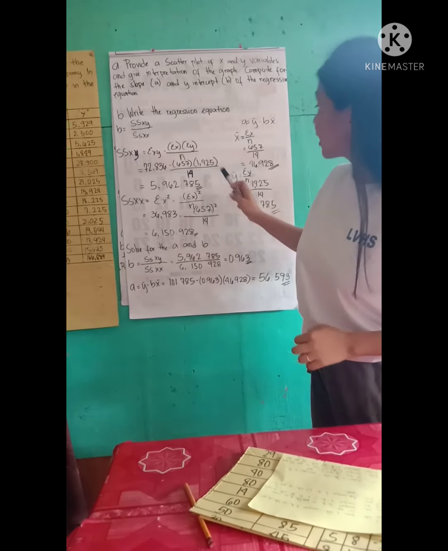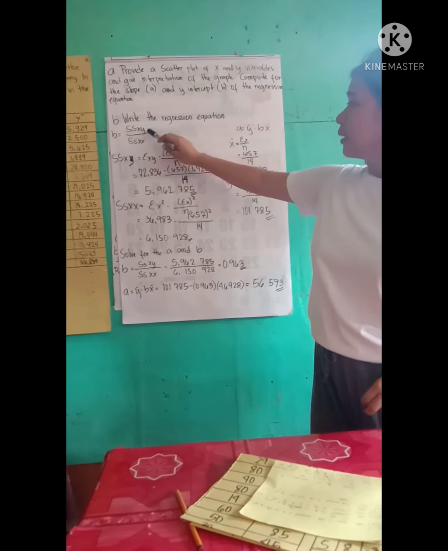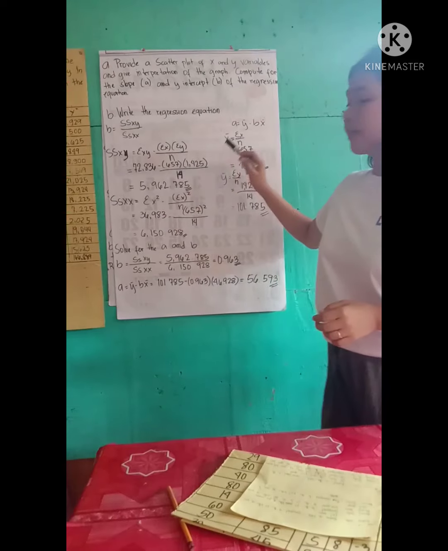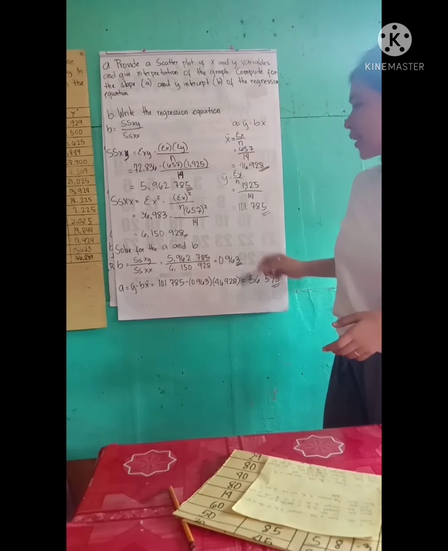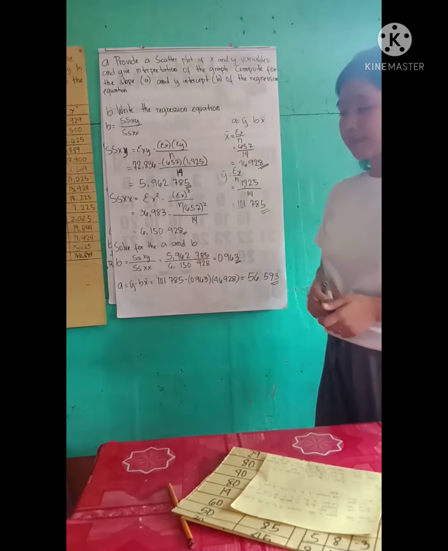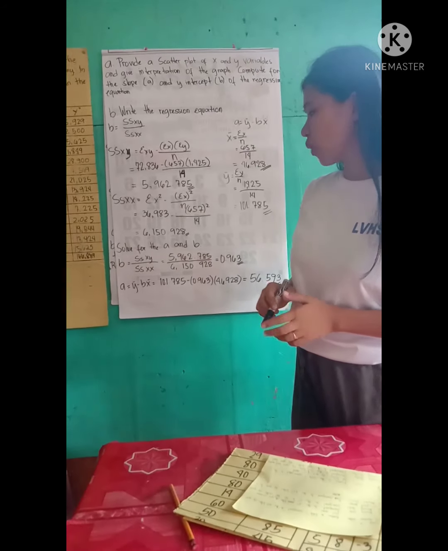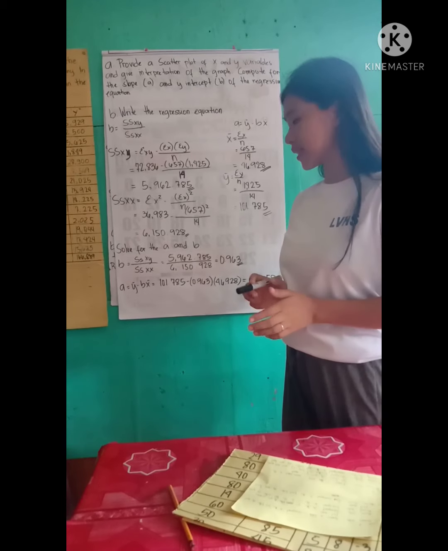So, as we already have the value of the summation square xy, the summation square xx, the mean of x, and the mean of y, we can solve now for the a and for the b. For the b, the formula is summation of square xy divided by the summation of square xx.